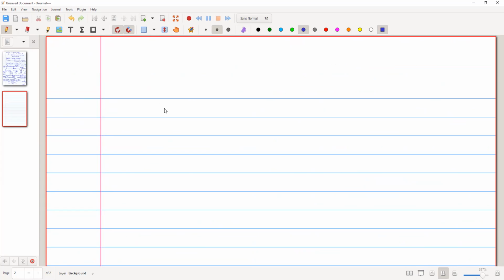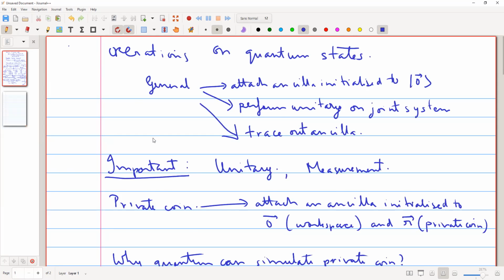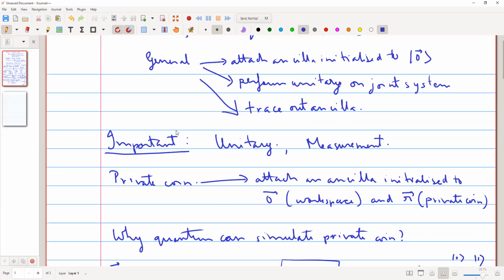So now that I've convinced you that classical randomized algorithms, private coin algorithms, are a special case of quantum algorithms, there's one more part, but we have seen some part of it already. There is just one subtle point which I would like to point out.